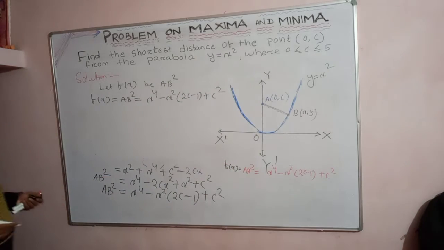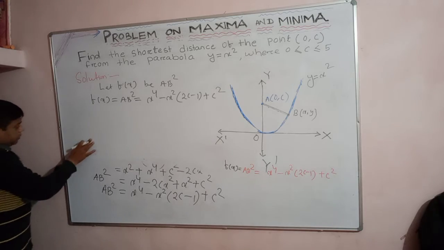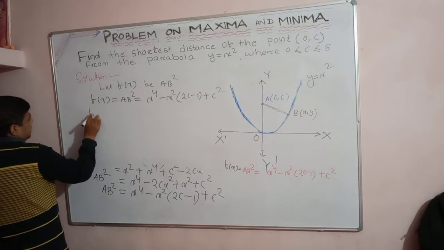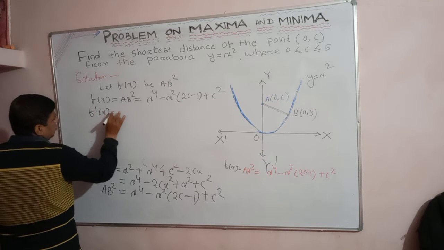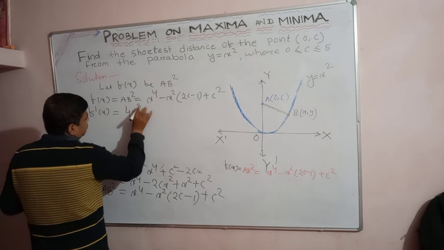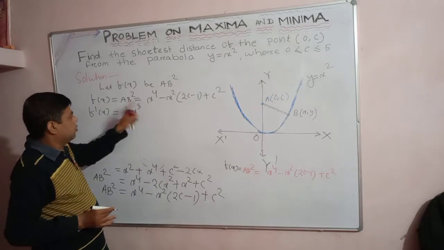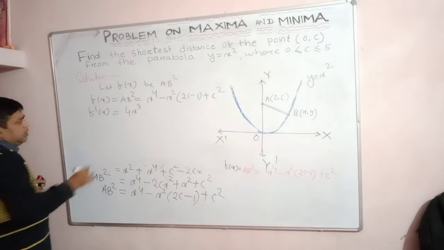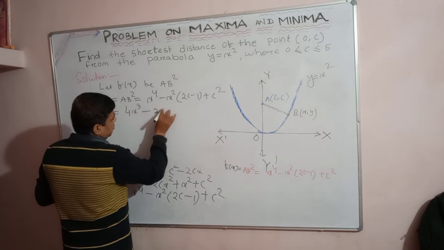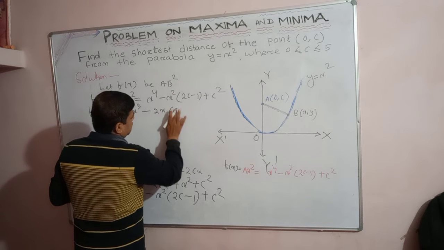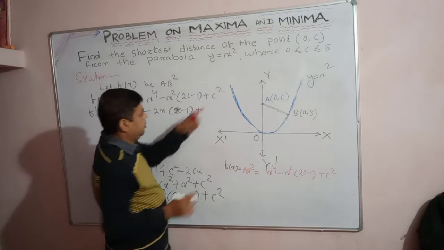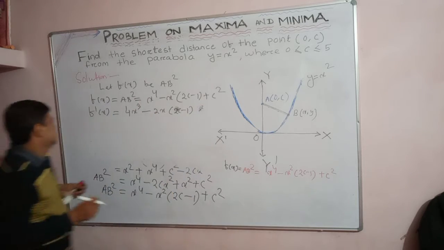After that, you find the first order derivative, f dash x. f dash x is equal to how much? The derivative of x to the power 4 is 4x cube. Minus, the derivative of x square is 2x, whole into (2c minus 1), plus the derivative of c square, which is 0, so no need to write it.